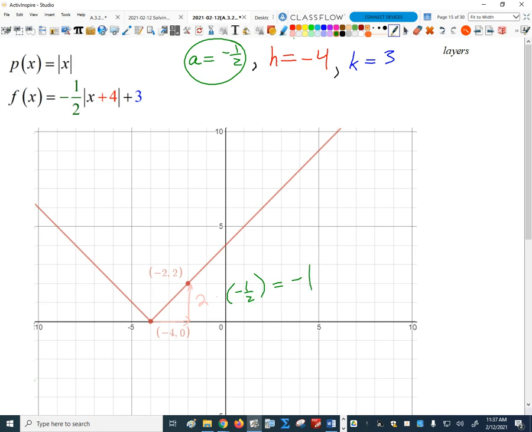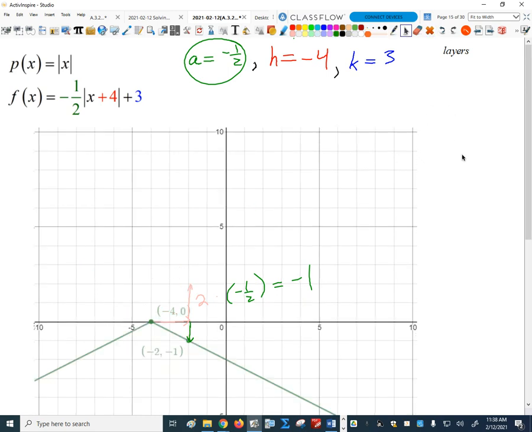Everybody agree that's negative 1? So my new height, instead of going over 2 and up 2, we're going to go over 2 and up 2 times negative 1/2. We're going to go over 2 and up negative 1, so down 1. That's what we did, isn't it? Everybody with me?